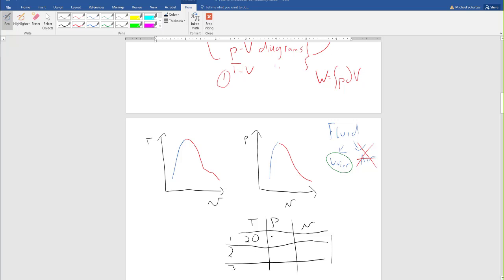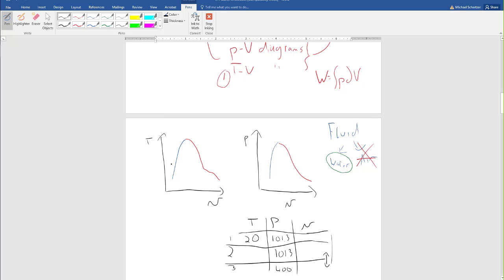The pressure was 1 atmosphere, so 101.3 kilopascals. From 1 to 2, this is 101.3 kilopascals, and this is 400 kilopascals. And we know that V2 is equal to V3 over here.